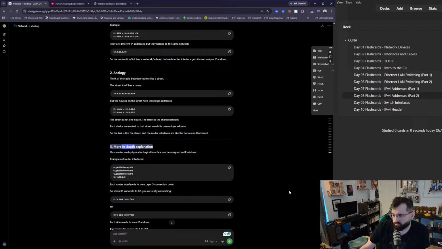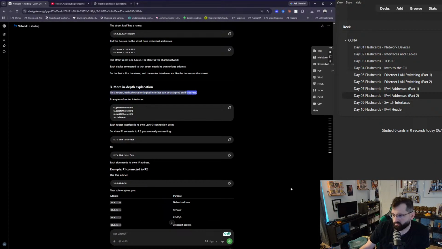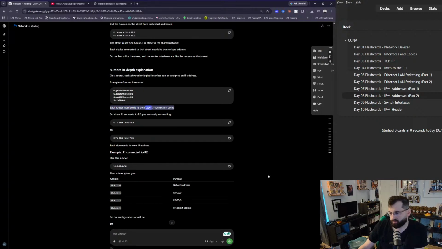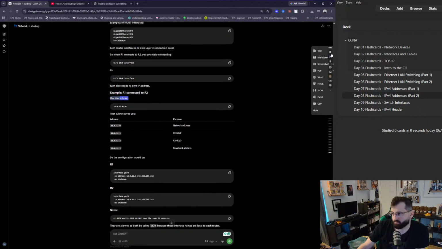More in-depth explanation. On a router, each physical or logical interface can be assigned an IP address. Okay, so examples of router interfaces: GigabitEthernet 0/0. Each router interface is its own layer 3 connection point. So when R1 connects to R2, you are really connecting R1's Gig0/0 interface to R2's Gig0/0 interface. Each side needs its own IP address. Example, R1 connected to R2. Use this subnet.